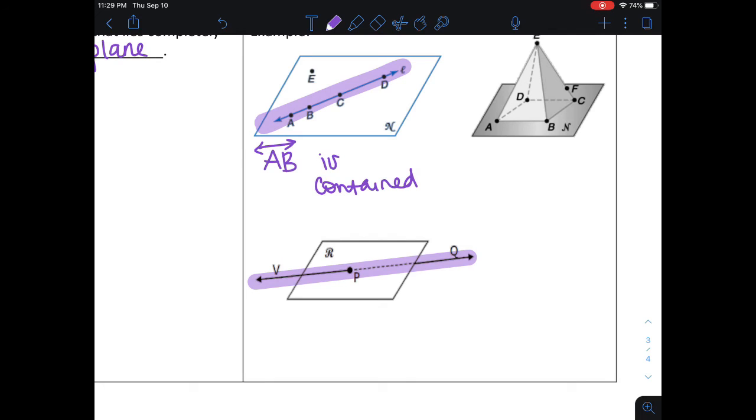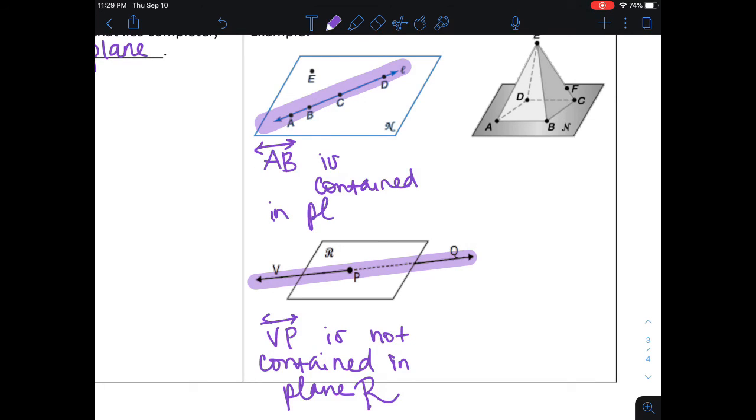So I would say line VP, I'm just using 2 points to name this line, is not contained. And let me be specific, in plane R. And I'll do the same thing for this one, in plane N.